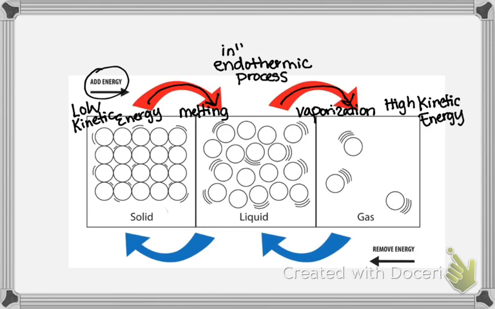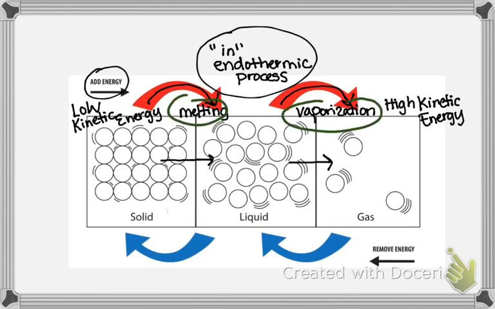Energy comes in, okay? So you can think endo, think in. Energy comes in. So as these particles are melting, going from a solid to a liquid, and then vaporizing, a liquid to a gas, the particles are speeding up. They're taking in energy, an endothermic process. So melting and vaporization of particles is known as an endothermic process.